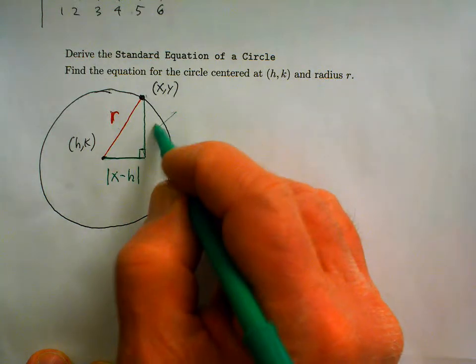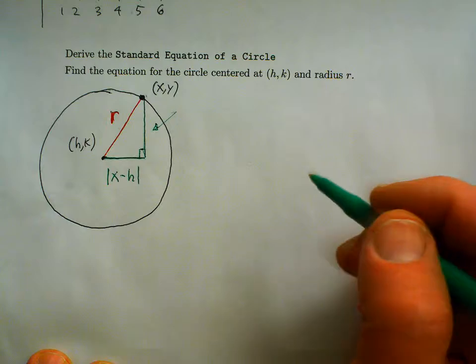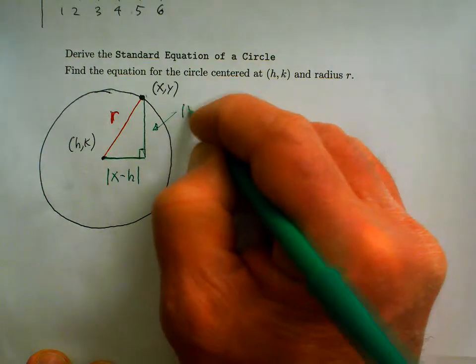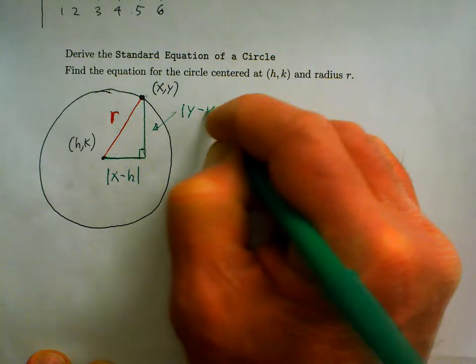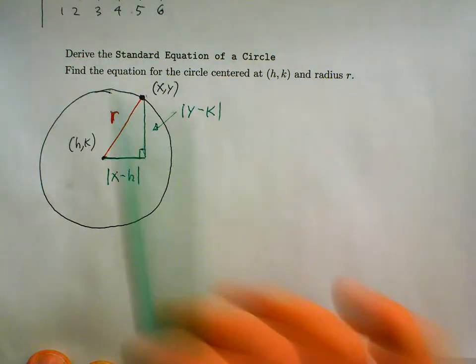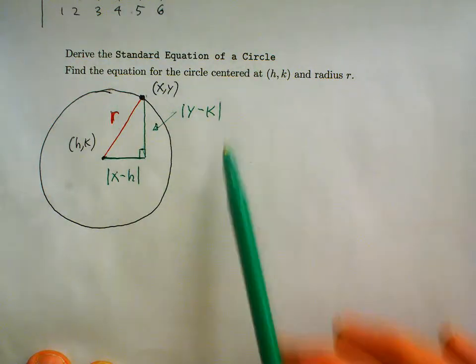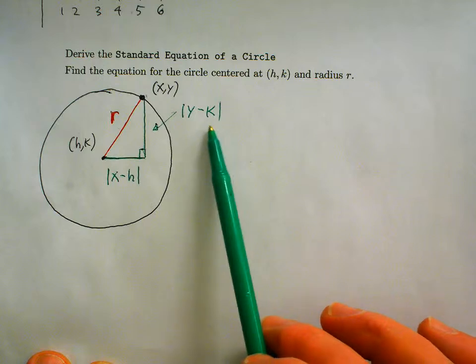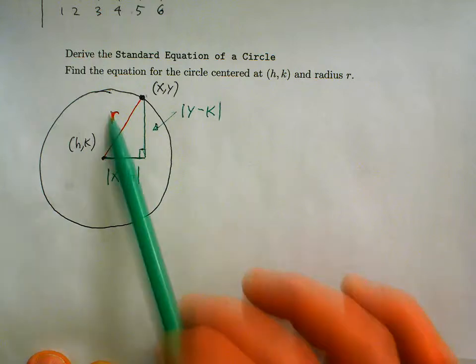And the length of the vertical side of that right triangle is the absolute value of y minus k. Then to get the standard equation of the circle, we just apply the Pythagorean theorem to that right triangle.